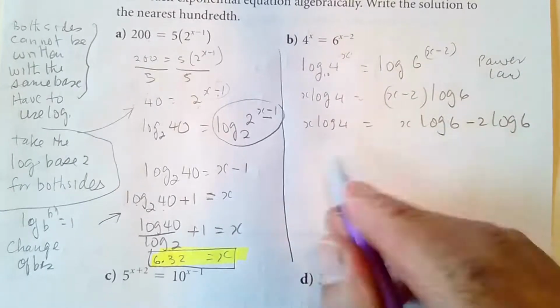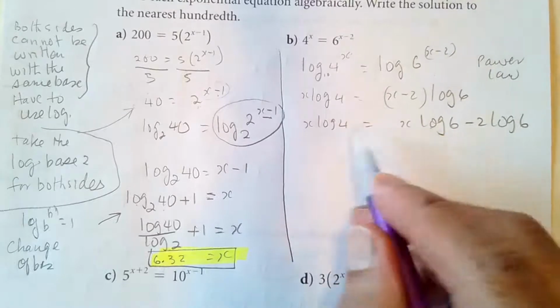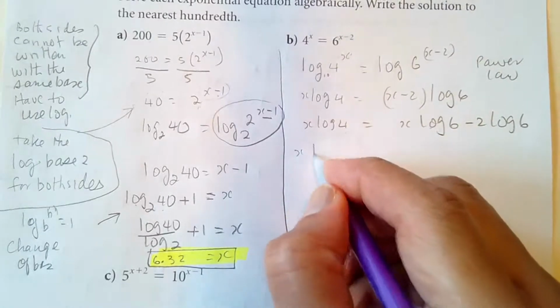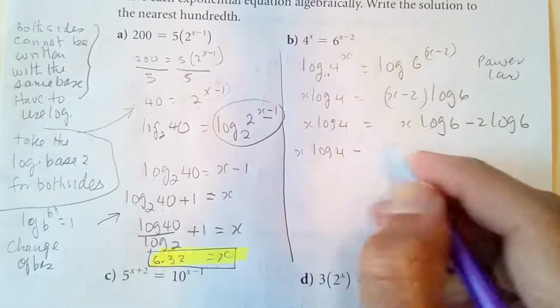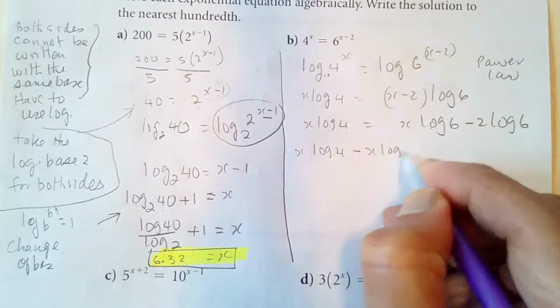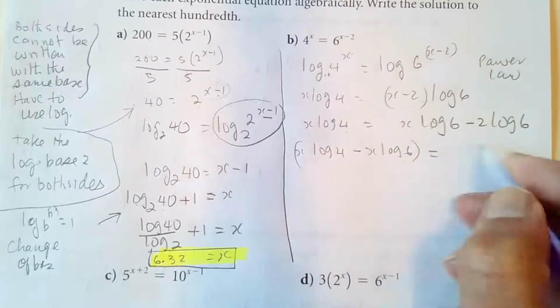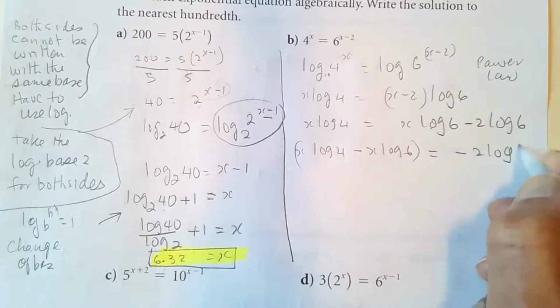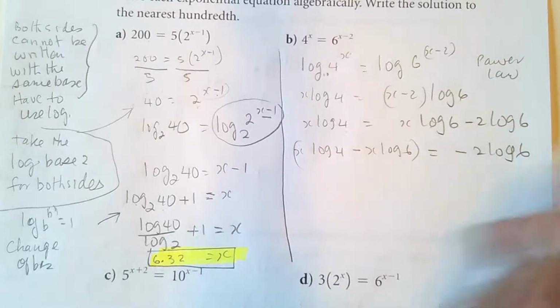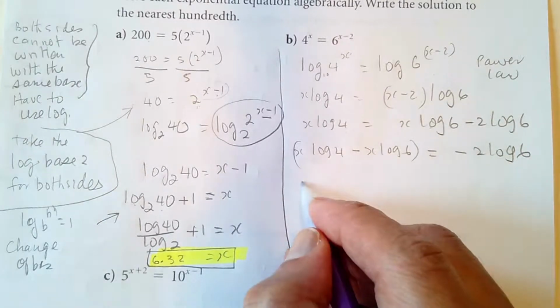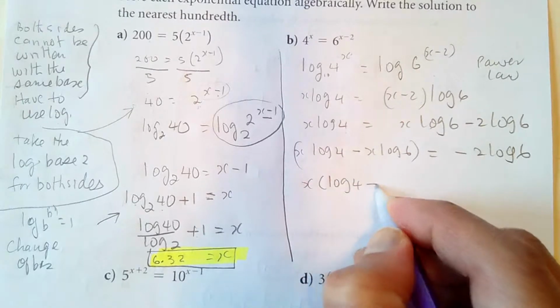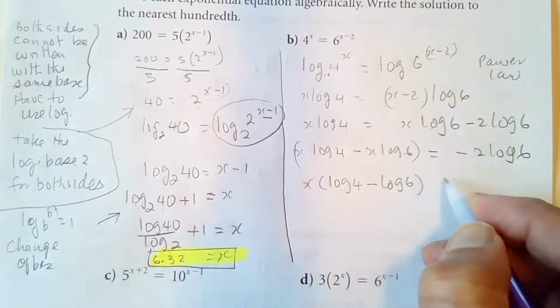Now we're going to combine like terms. We take the x on the left side, so we have x log 4 minus x log 6 is equal to minus 2 log 6. Combine like terms, and now we factor out the x, log 4 minus log 6.